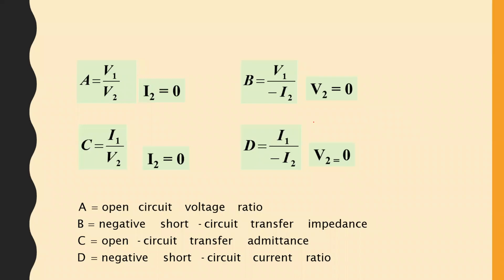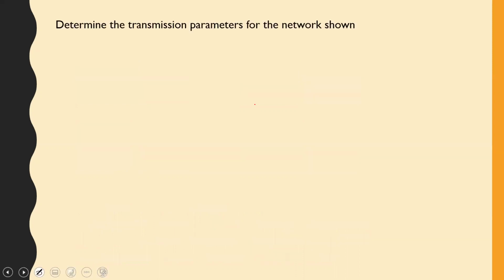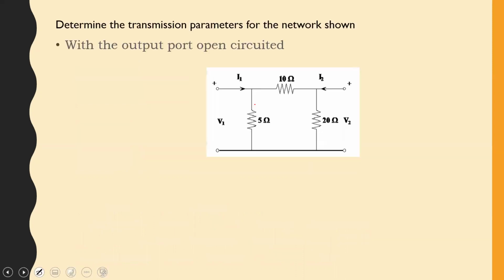All right, so anybody have an answer for me? Over 2, sir. I get 1.5. 1.5, all right. Not bad. So for A, A is equal to V1 over V2 with I2 equals 0.